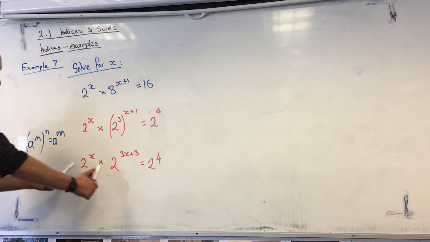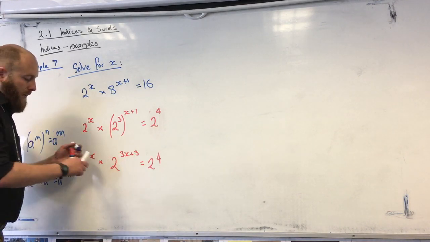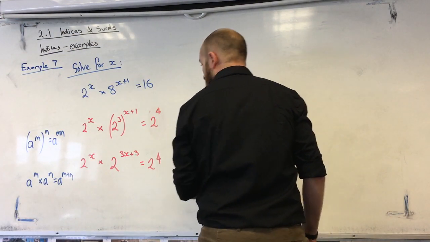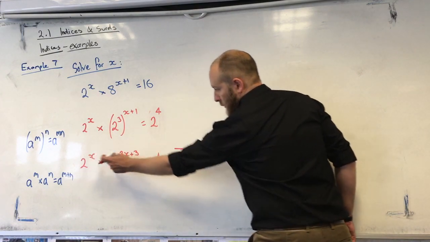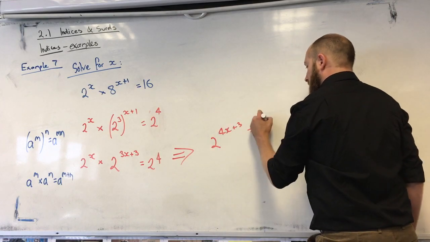So next bit, we've got two bits to combine here, which is the indices rule, a to the m times a to the n is a to the m plus n. So we're going to add these two powers together, giving us 2 to the power 3x plus x is 4x plus 3, and that's equal to 2 to the power 4.